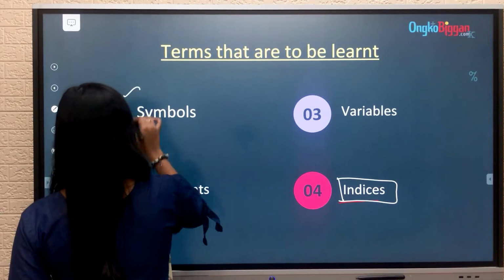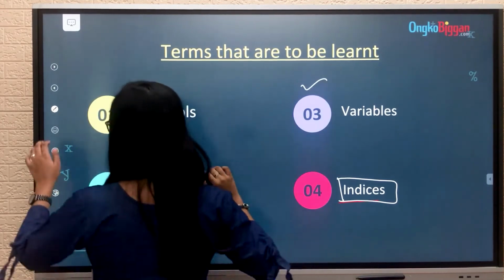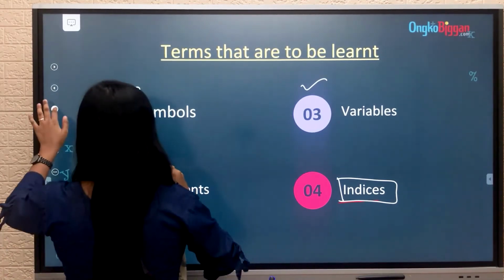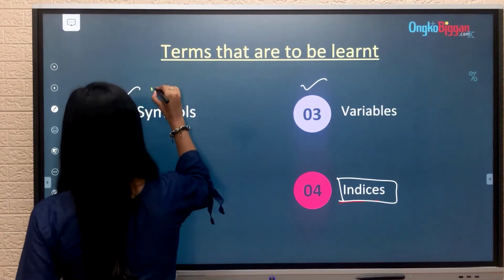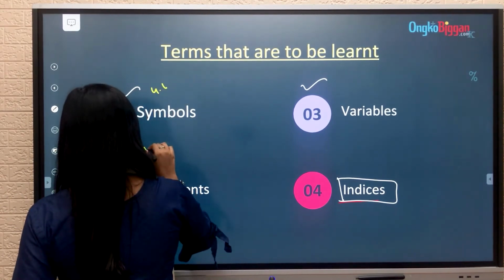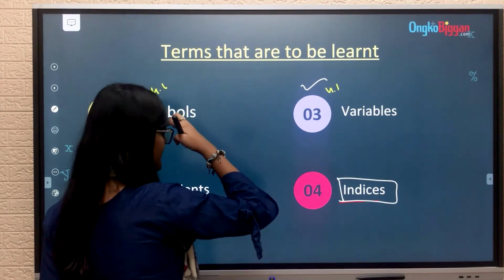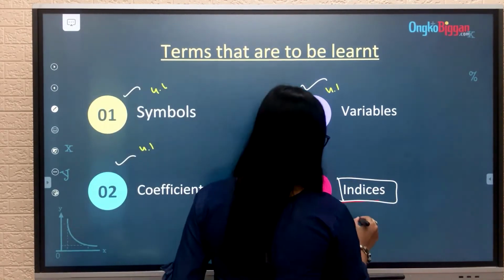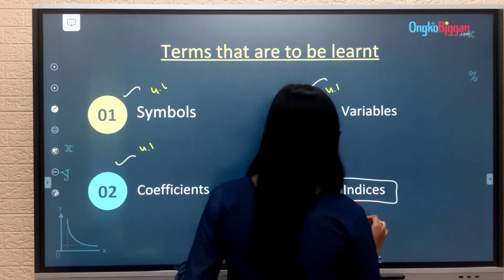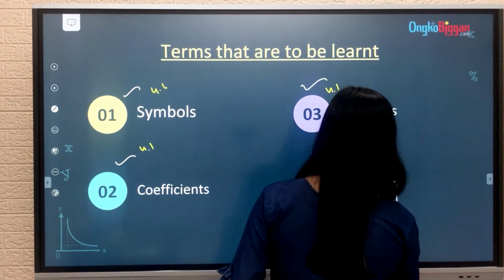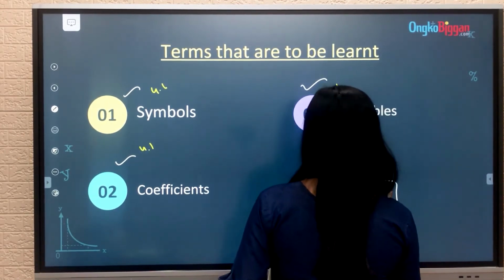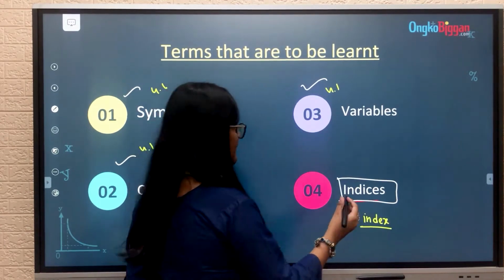Basically these three terms actually refer to 4.1 concept. 4.1, basically we are going to talk about indices, the plural form of index. It will be explained in 4.2.